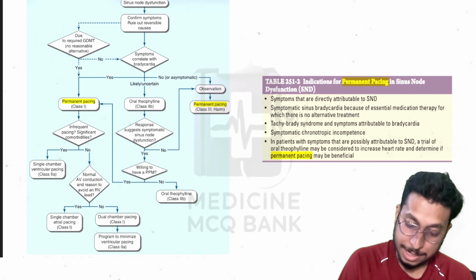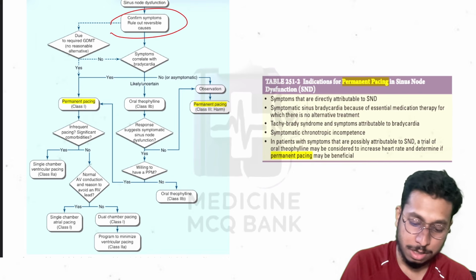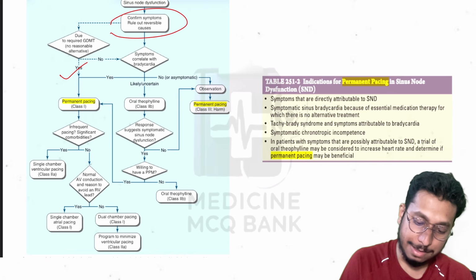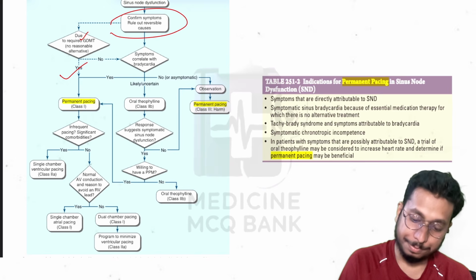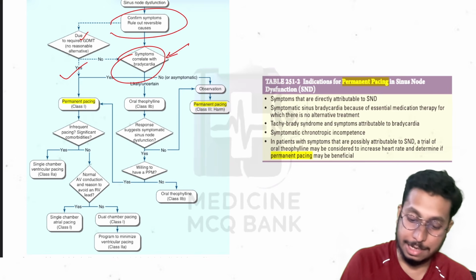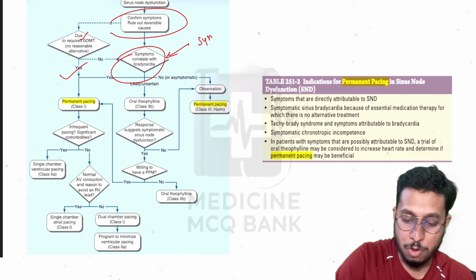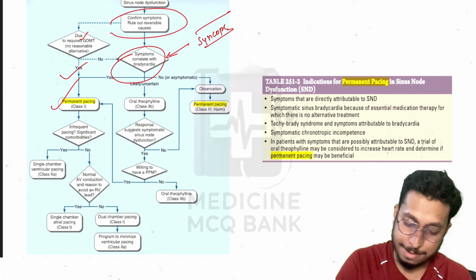If the patient is symptomatic, the first step is to confirm symptoms and rule out reversible causes. Now, if the answer is yes and goal directed medical therapy has been done, in all of the cases, if you find the symptom is correlating with the bradycardia, like syncope in the question given, first choice is permanent pacing.